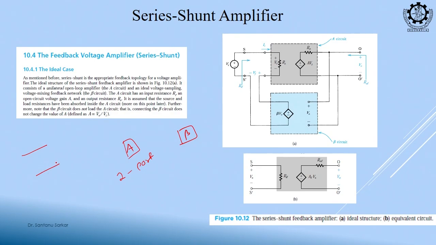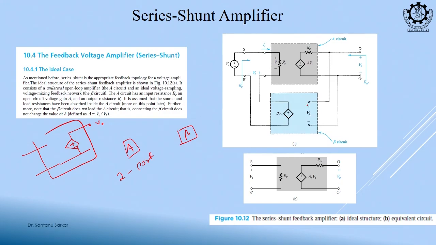So, no connections. Output side, there will be a dependent voltage source, that is the ideal 2-port, if we neglect the input resistance or output resistance. Output resistance is 0, right. So, this is our ideal 2-port network, and we will put that here. Clear?